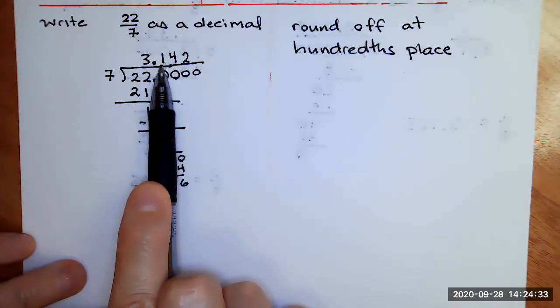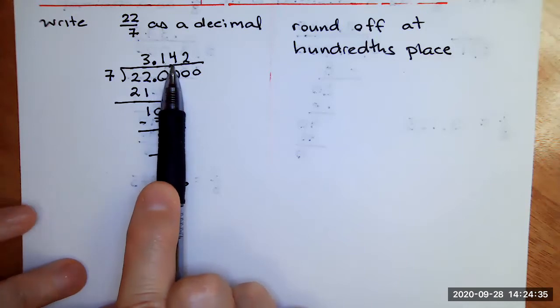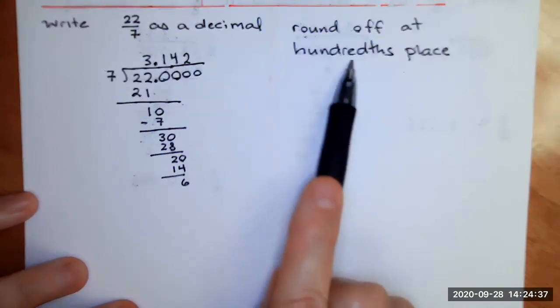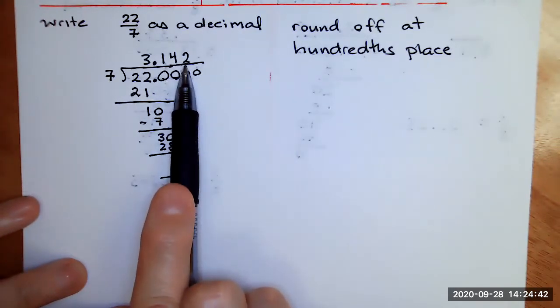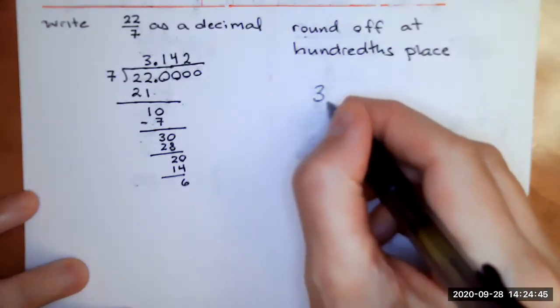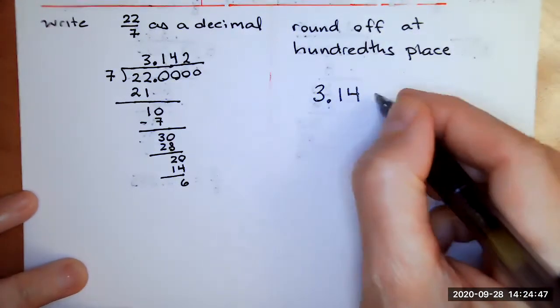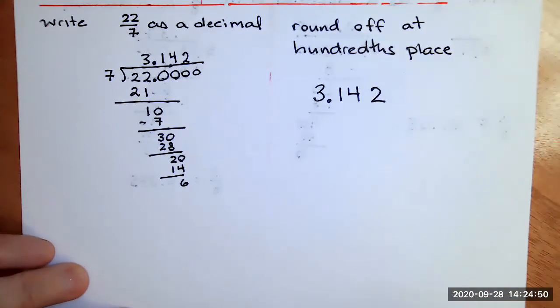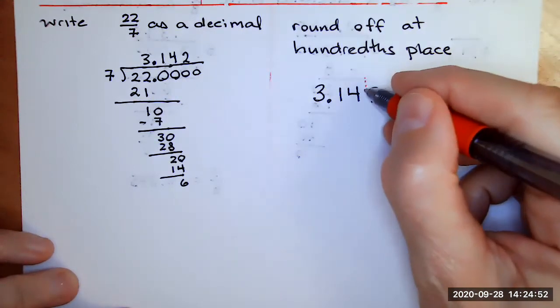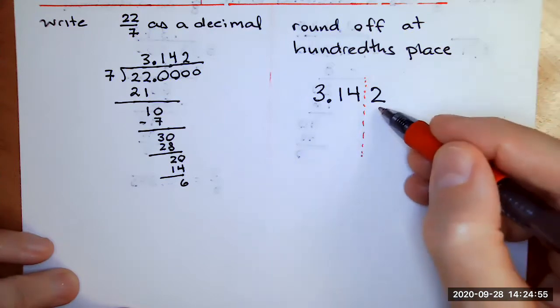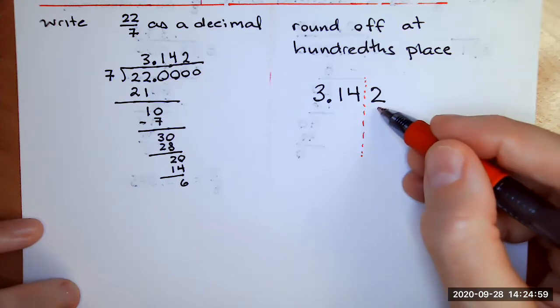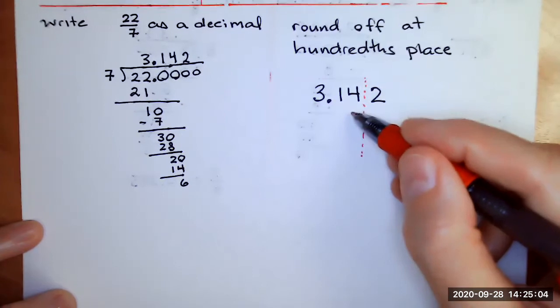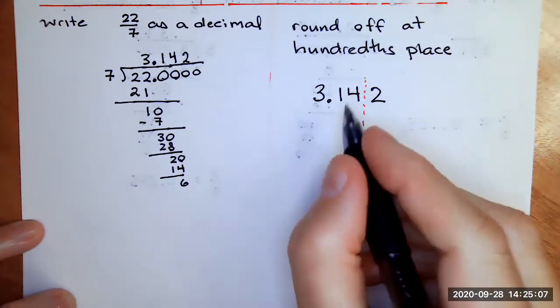So that's tenths, hundredths. And if I want to round it off at the hundredths place, I need to divide to one more place so that I can tell whether it goes up or stays the same. So to round off at the hundredths place, you divide to the thousandths place. And since the thousandths place is 4 or lower, then the hundredths place stays the same.